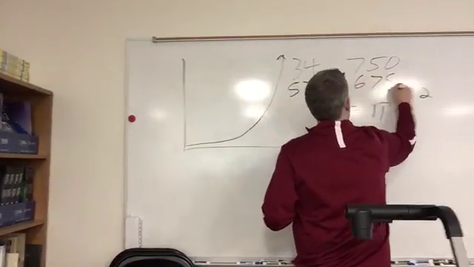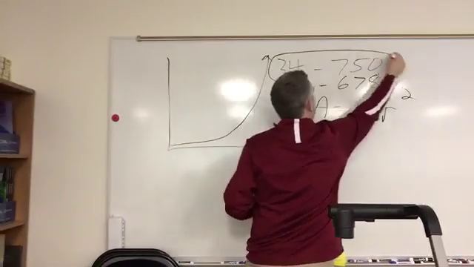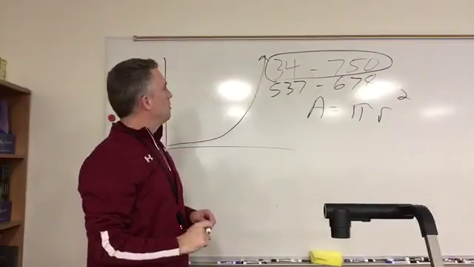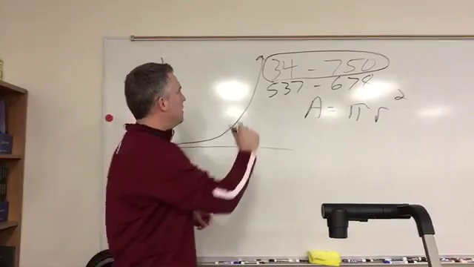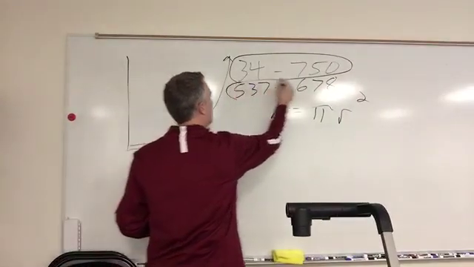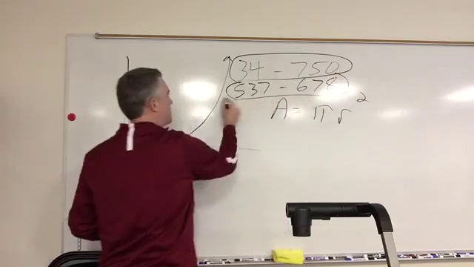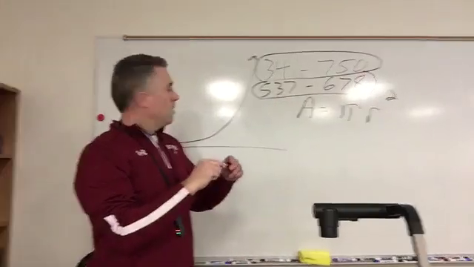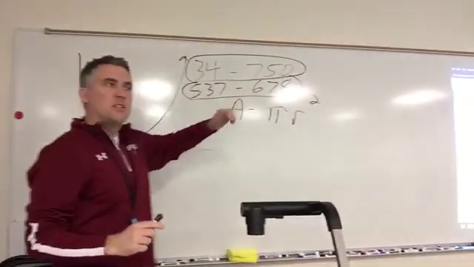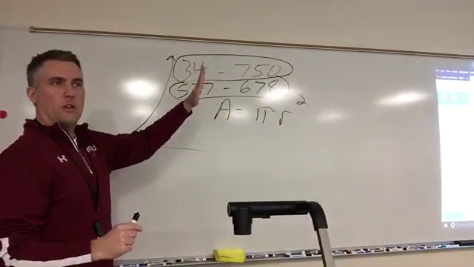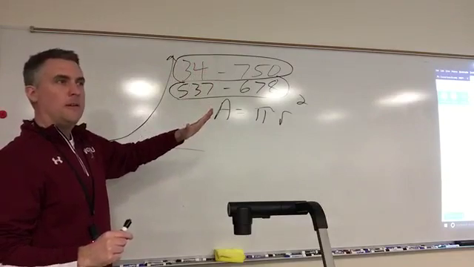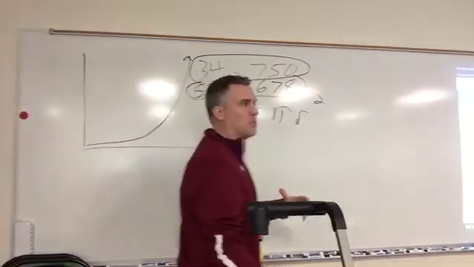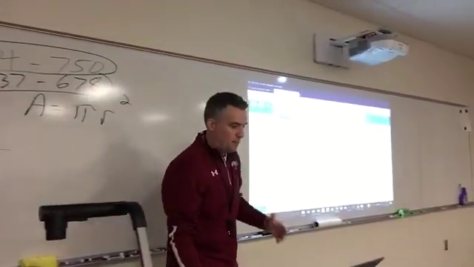Okay, here was your, when you guys first guessed at it, you thought it was going to be anywhere between 34 and 750. Now that you guys have done a little math modeling, notice your guesses. It's still a decent sized range, 537 to 678. Why are they a little bit different? Because everybody made their red curve fit their dots just a little bit different, right? But notice the gap in our guesses is much, much smaller than it was at the very beginning.